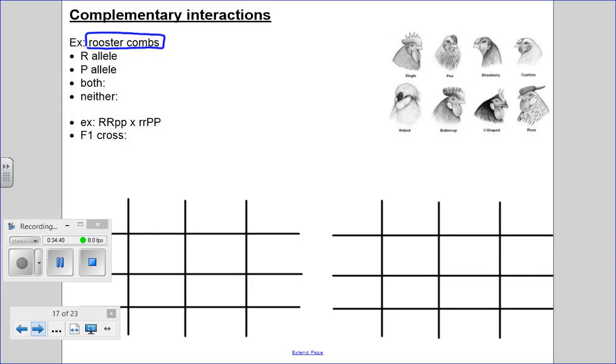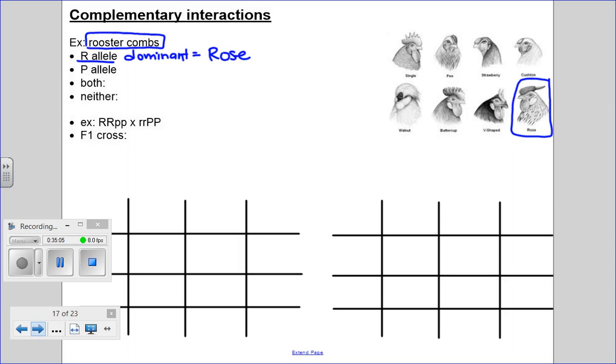The capital R allele is dominant, and it produces a rose comb. So this one over here, just so you have a visual, is what the rose comb looks like. I don't know who made up the names. It wasn't me. They're kind of silly.